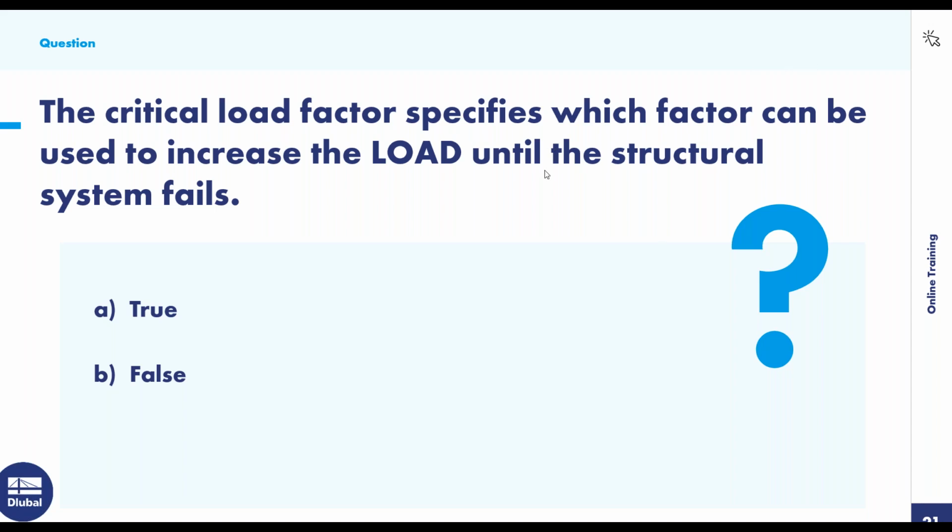All right, so the question, or statement, was: the critical load factor specifies which factor can be used to increase the load until the structural system fails. And it looks like everyone got it correct. So everyone had answered true. That was correct. The critical load factor, if it's above 1, then that means your structural system is stable.